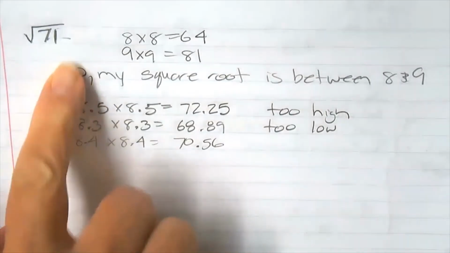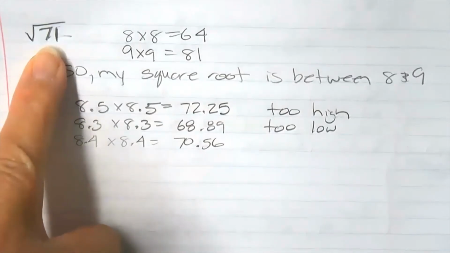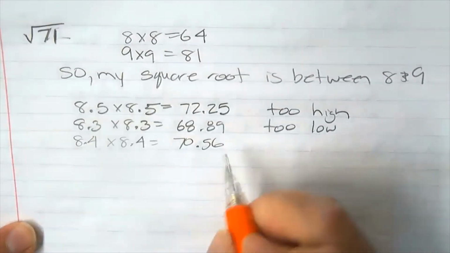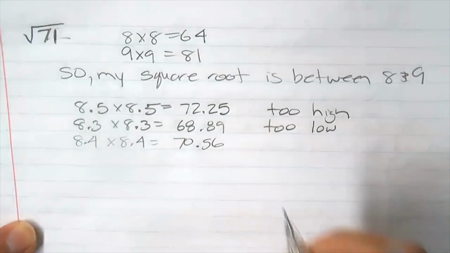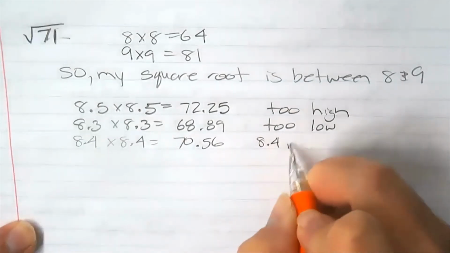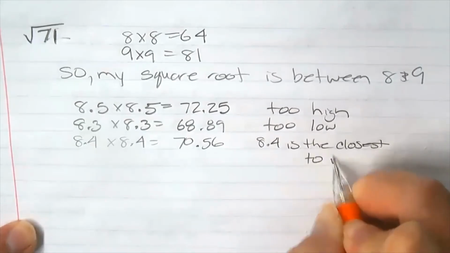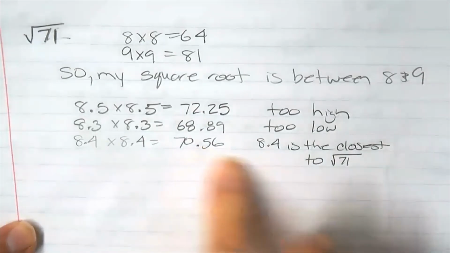70.56. So this is still a little too low, but I'm only 44/100ths away from here because my next choice is 1 and 25/100ths away. So this is still a little too low, but it is the closest. 8.4 is the closest to the square root of 71.